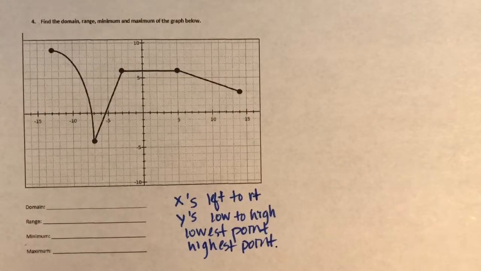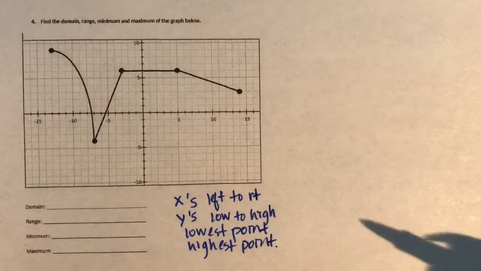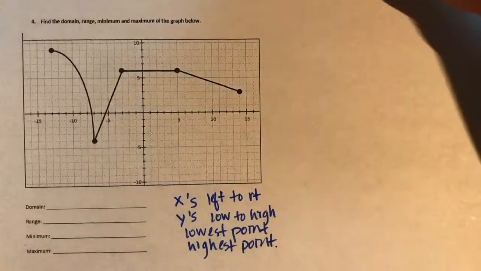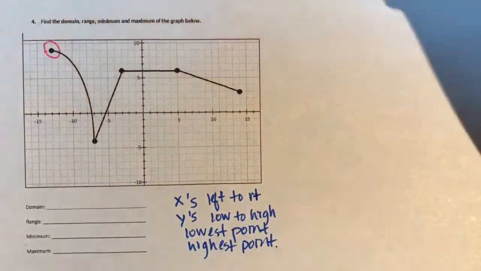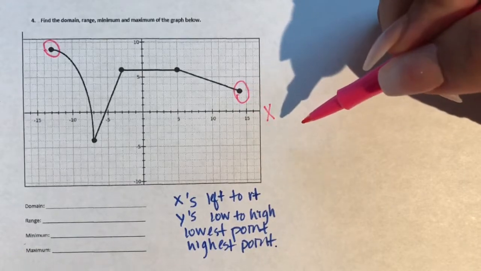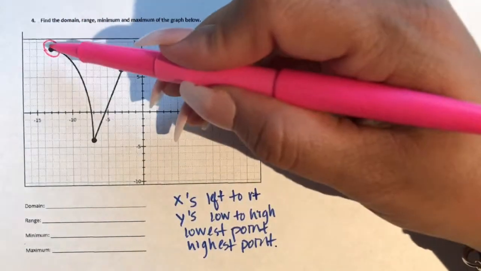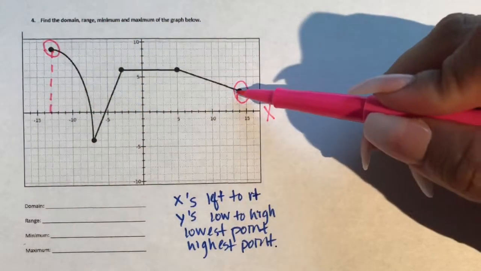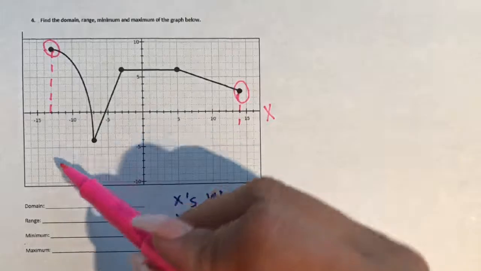Okay, so when you're looking at domain and range, we are going to identify the very far left and the very far right on the x-axis. So you're lining up this point with the x solution.